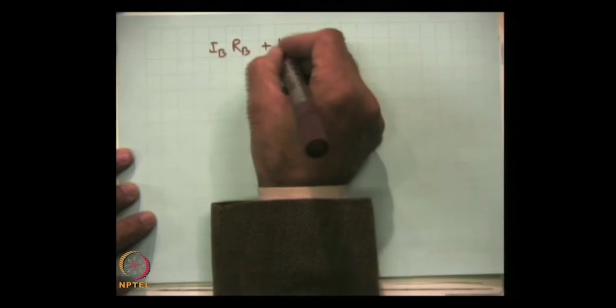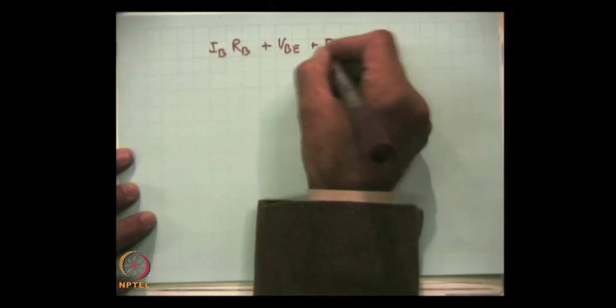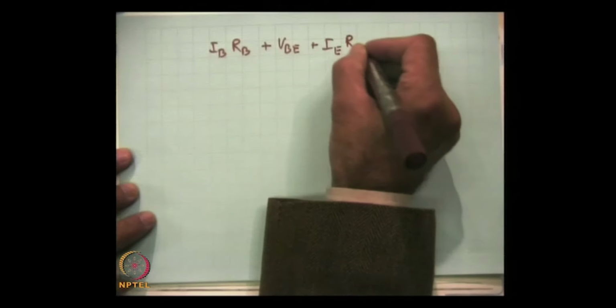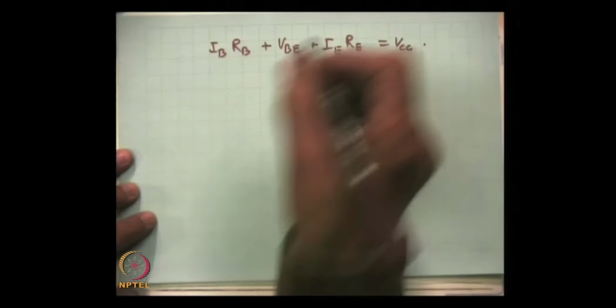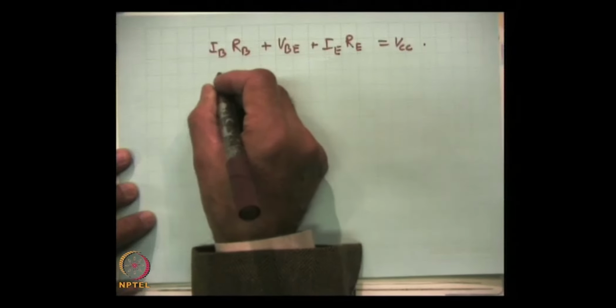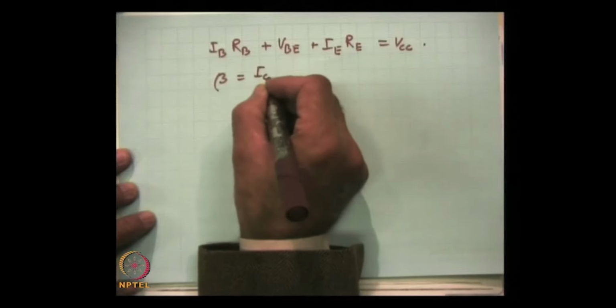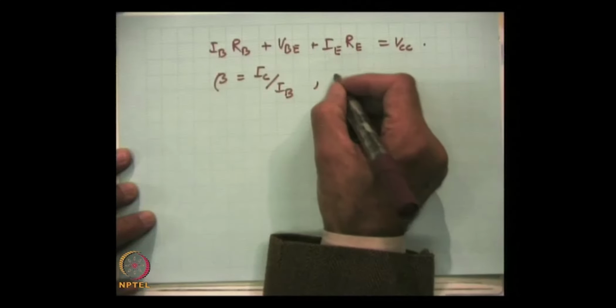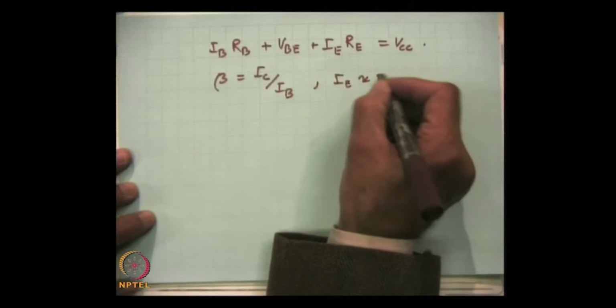We can further explain this. This equation which we wrote, IB RB plus VBE plus IE RE, which is the same as IC RE, is VCC. Now, we make use of the fact that beta is simply equal to IC by IB, and IE is equal to IC.